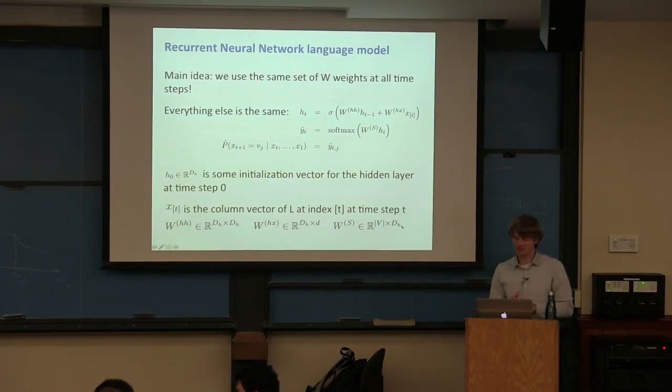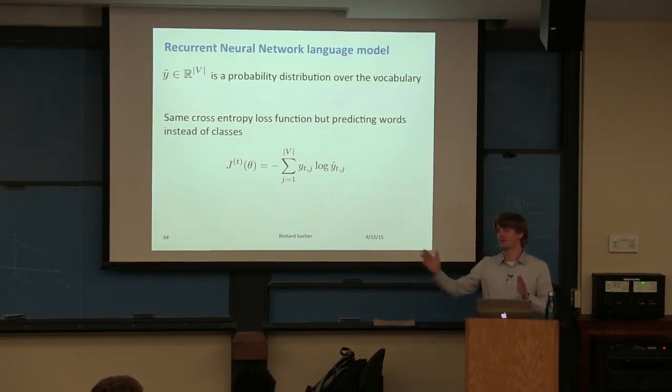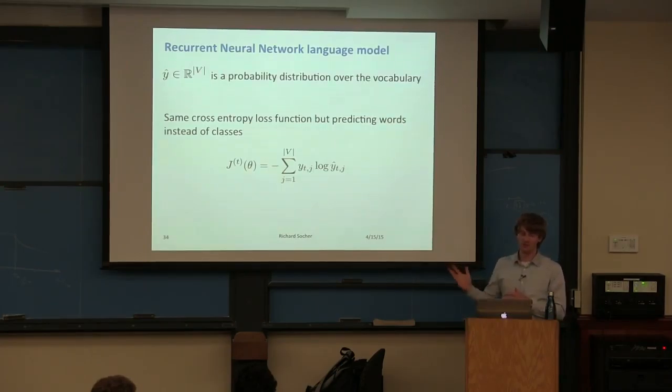And that essentially defines a recurrent neural network that we'll train with the exact same cross-entropy error that we had before, but now trying to predict words instead of named entity classes, and going one time step at a time. And how to really optimize those models and various tricks for really getting them to work, we'll cover in the next lecture.